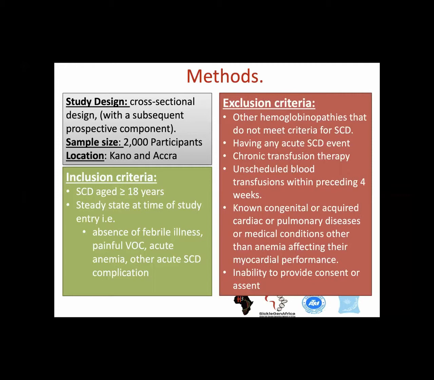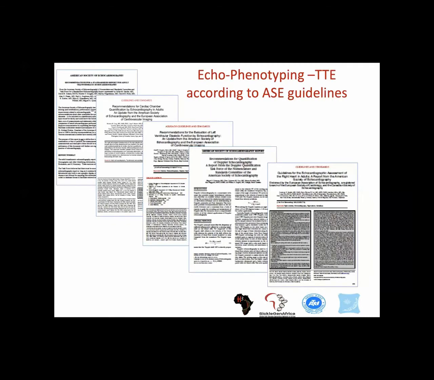We are excluding patients with pre-existing cardiac disease to make sure that there are no confounders, and then we will echo them. All those who are in project 1 and are adults who meet the criteria will be echoed. We are going to do echo according to the American Society of Echocardiography guidelines, and I'm not going to bother you with the details of the guidelines.